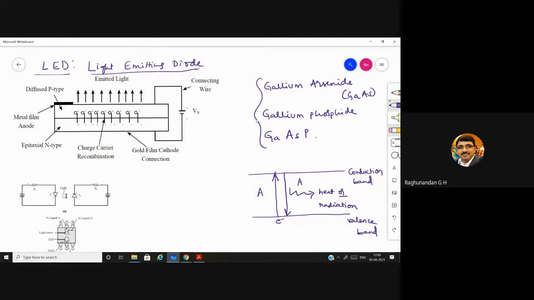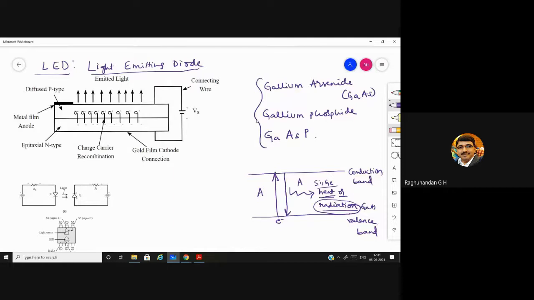Some materials liberate the energy in the form of heat, and some materials liberate the energy in the form of radiation. Silicon and germanium liberate the energy in the form of heat, and gallium arsenide phosphide and gallium phosphide release the energy in the form of radiation. That means they emit light.